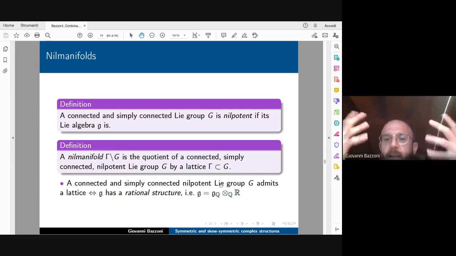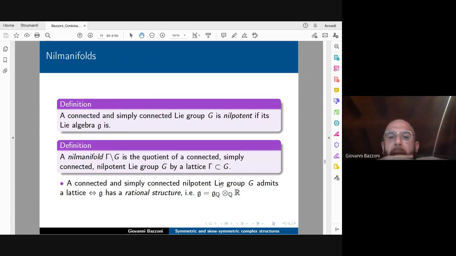So one says that G has a rational form or a rational structure. And this is very nice. If you compare it with what you may want to call solvmanifolds, so quotients of solvable Lie groups by lattices, there is no such theorem. So a piece of art in the theory of solvmanifolds is actually to come up with a lattice, or prove that no lattice exists. So it's much harder. But for nilmanifolds, we are very lucky.